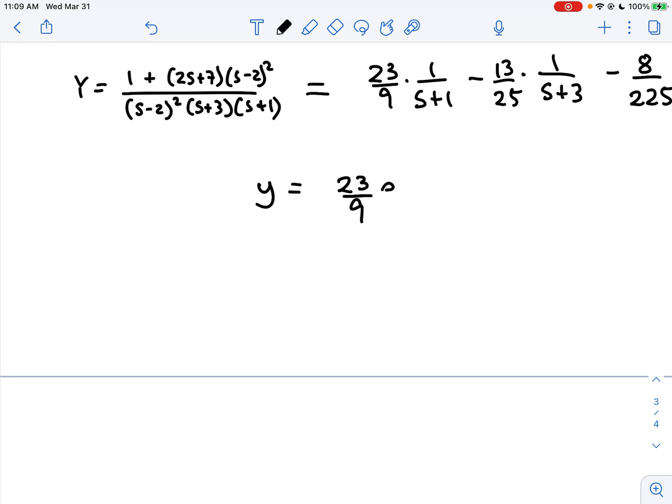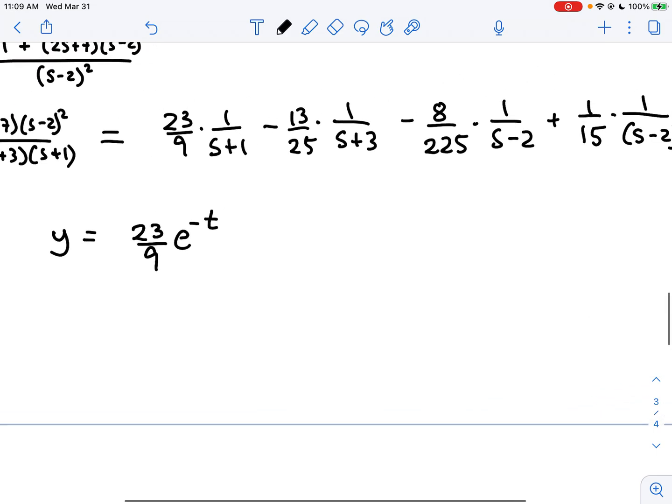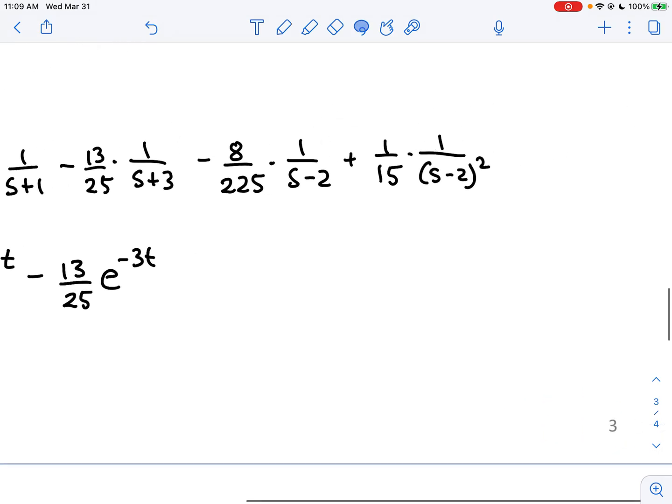We have 23/9 e to the negative t. The inverse Laplace transform of 1 over s plus 3 will be e to the negative 3t. So minus 13/25 e to the negative 3t. Inverse Laplace transform of 1 over s minus 2 is going to be e to the 2t. So we have minus 8 2/25 e to the 2t.